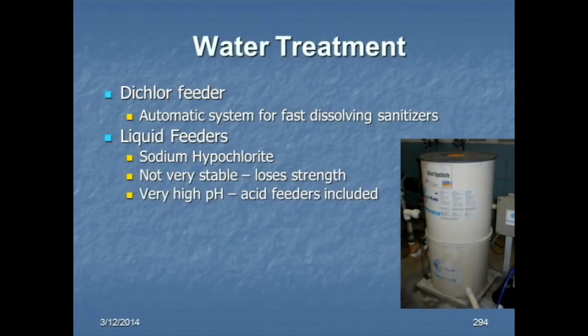What happens over time with liquid chlorine is that it will lose its strength. When it first arrives off the truck, that's when that product is going to be the strongest. If you have any liquid chlorine, sodium hypochlorite, left over from last season's pool, for the start of the next year, the concentration of chlorine in that tank is going to be very, very low.